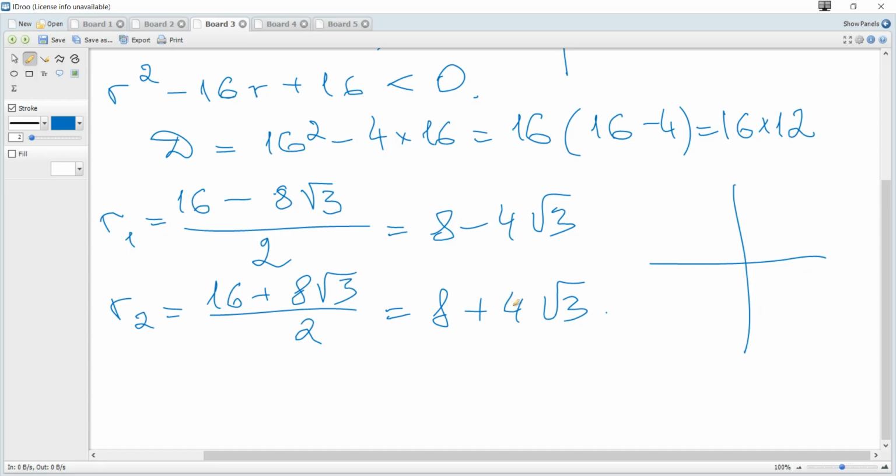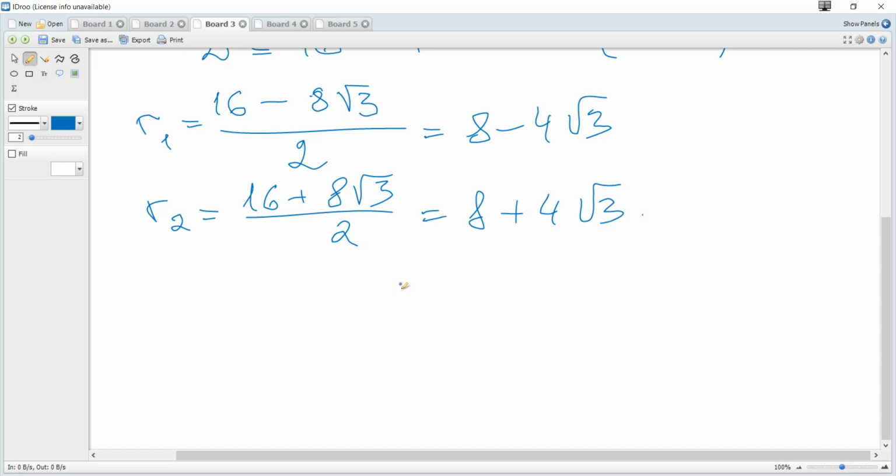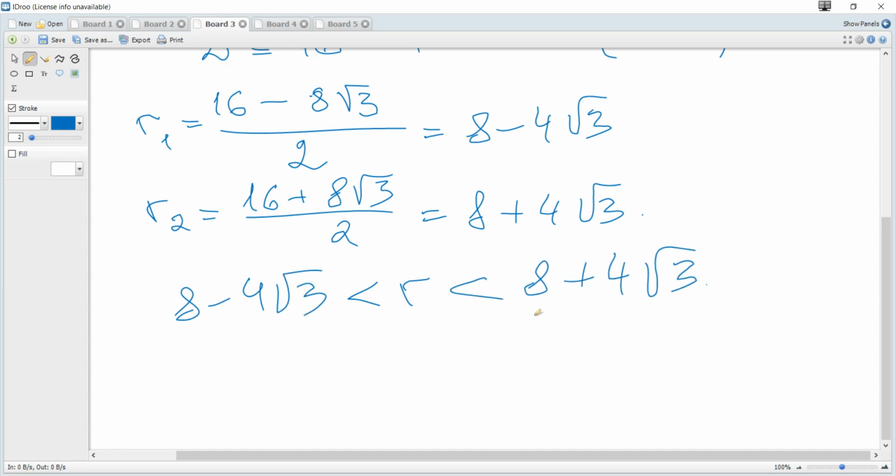So the solution is r should be greater than 8 minus 4 root 3 and less than 8 plus 4 root 3. You may leave it in exact form, or you may calculate and round to 3 significant figures.